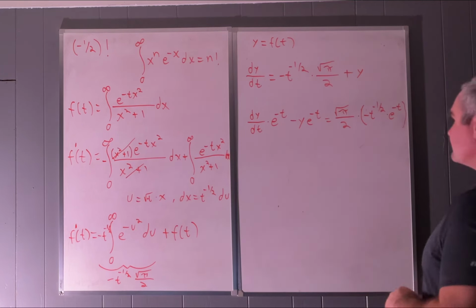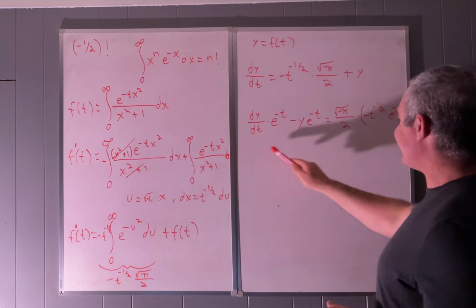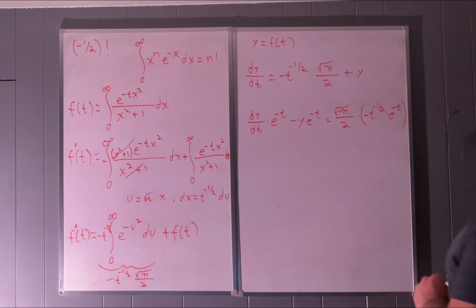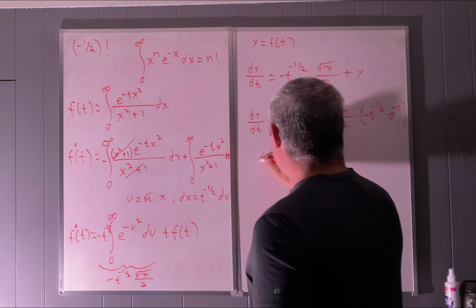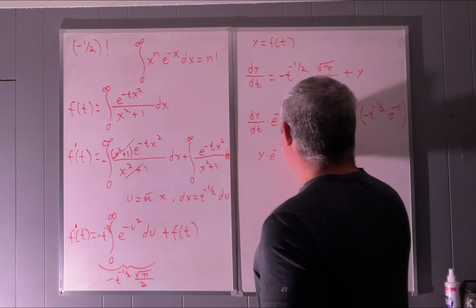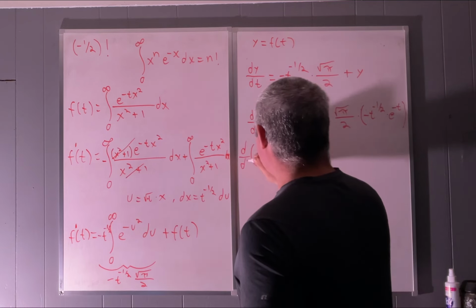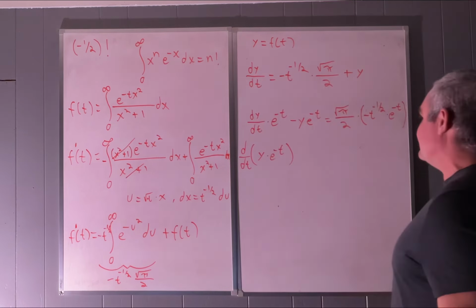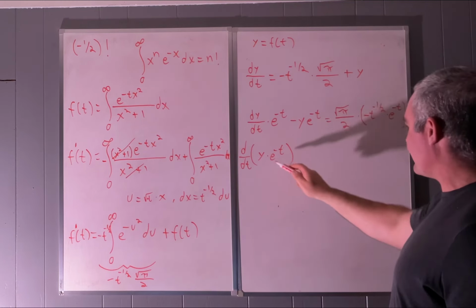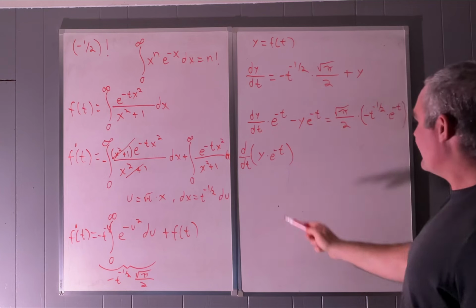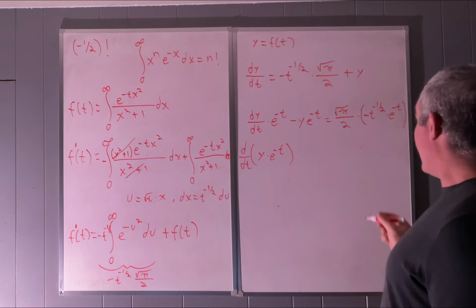Okay, let's keep going. Let's notice that this is simply the result of a product rule for derivatives on this. If we take y times e to the negative t and just do d dt, that will equal this, because we have the first times the derivative of the second, which is right here, plus the second times the derivative of the first, which is just right there.